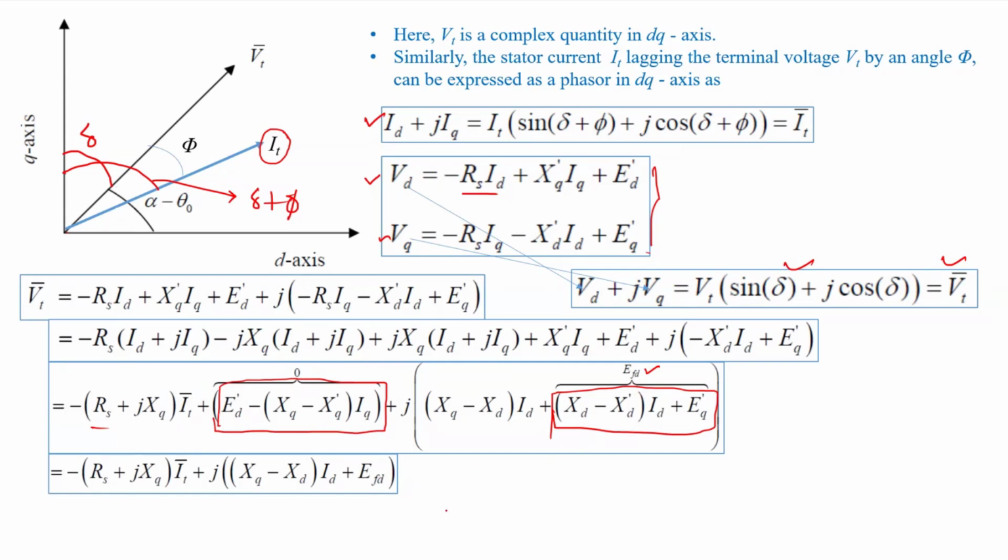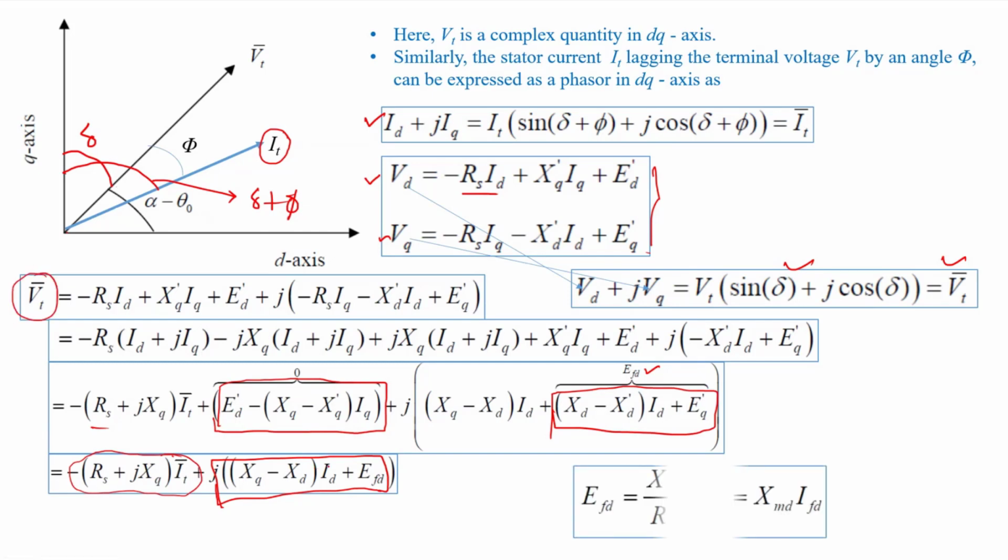Rs is the resistance of the synchronous machine and Xq is the reactance, multiplied with current. We subtract this impedance drop from the internal voltage, and we get the terminal voltage of the synchronous machine.